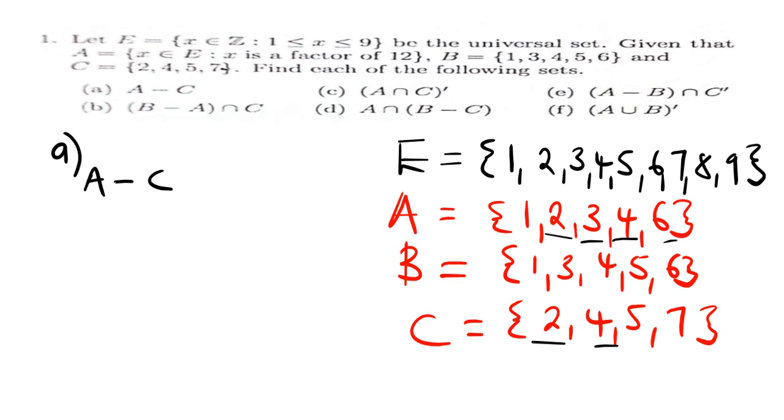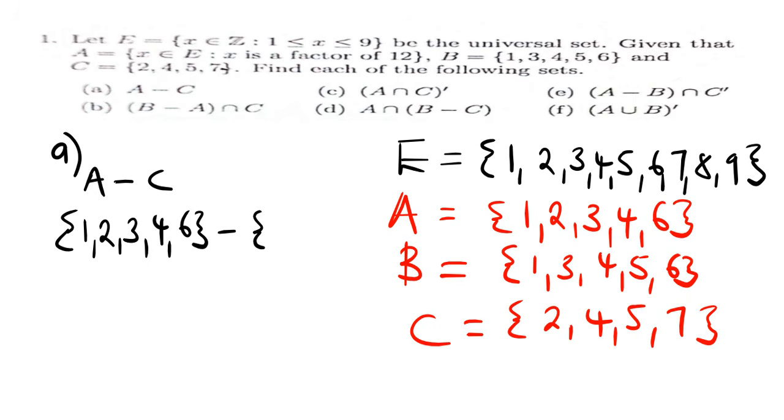Okay, so what this means is that I'm just going to list what A is, which is 1, 2, 3, 4, and 6. That is A. Minus C, we've got 2, 4, 5, and 7.